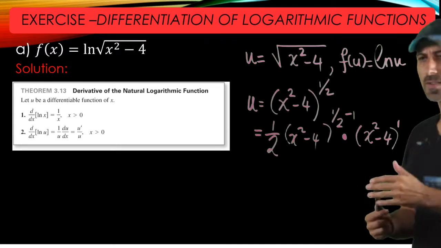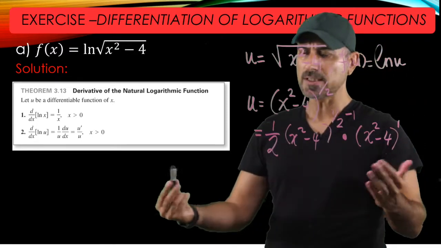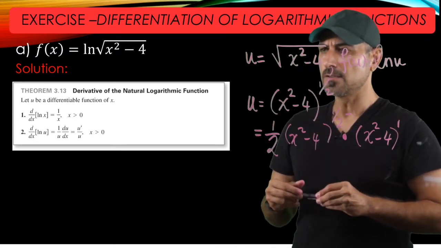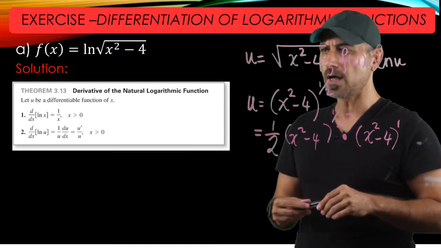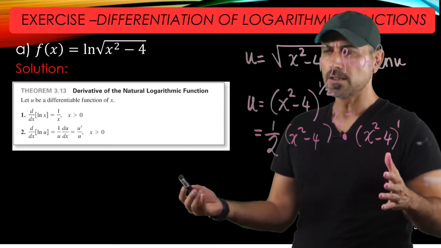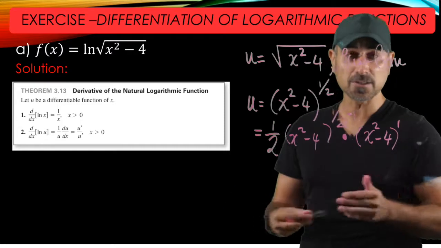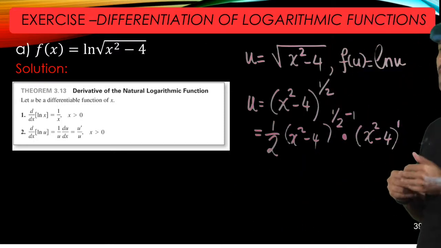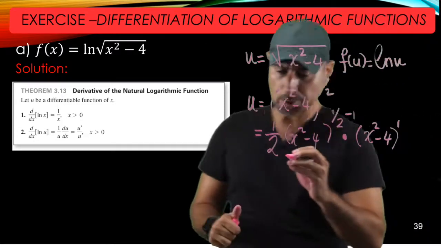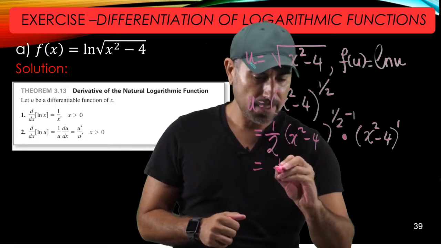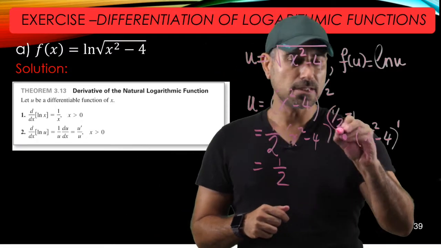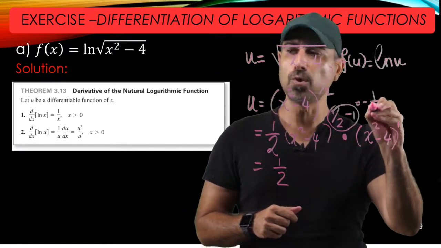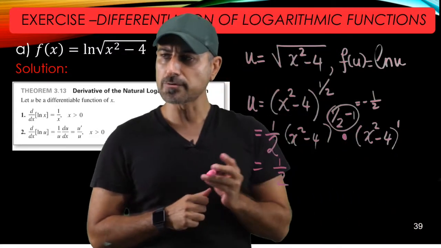The chain rule is sort of a generalization of the rule that we derived earlier. That rule was the derivative of composite functions. All right, let's simplify this term here. So 1/2 minus 1 becomes negative 1/2, so I'm going to write it as a reciprocal.